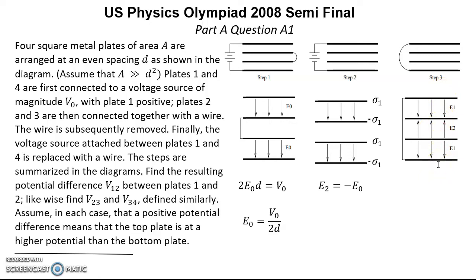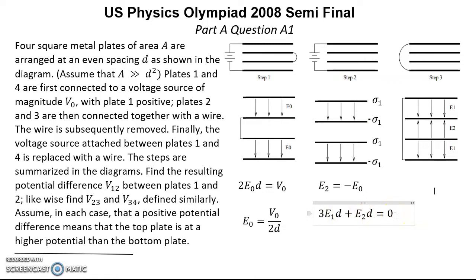That will be 0, because these are connected, but on the other hand we have this equation: the potential difference between the first and last one will be 3E1 multiplied by d plus E2 multiplied by d, and that's equal to 0.